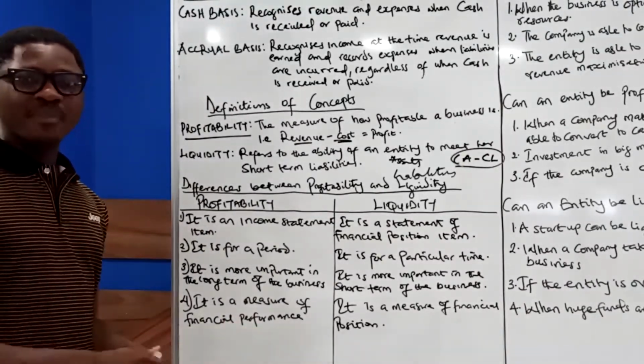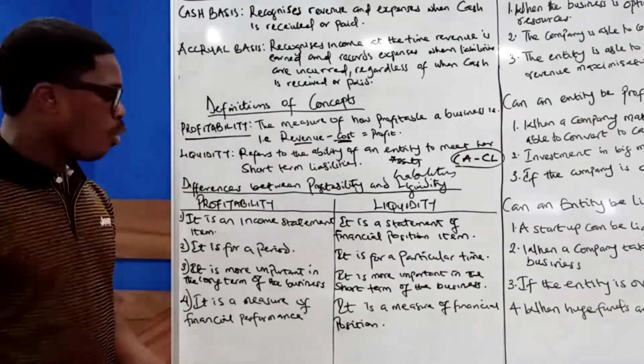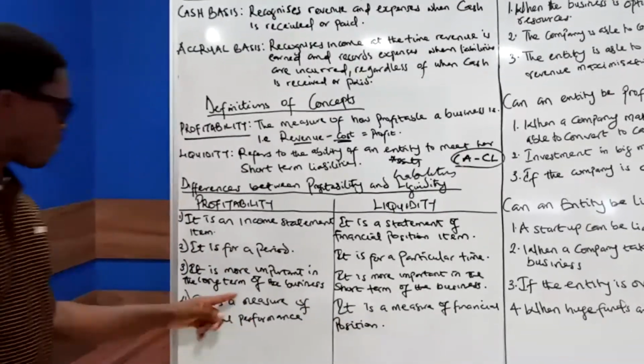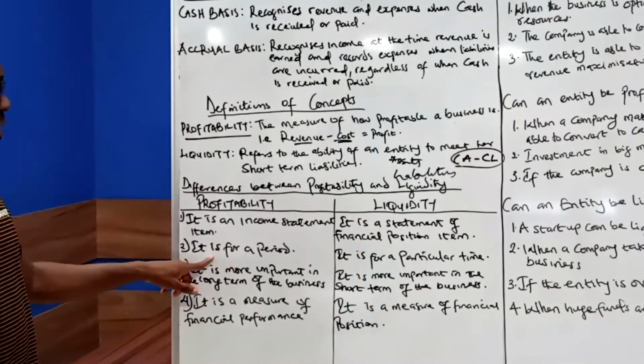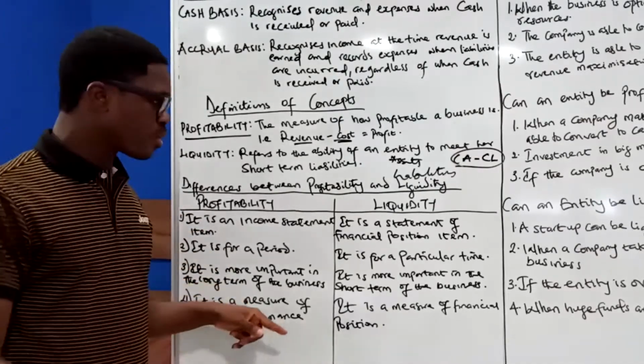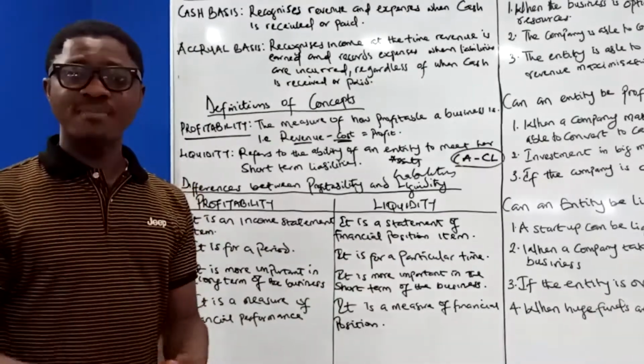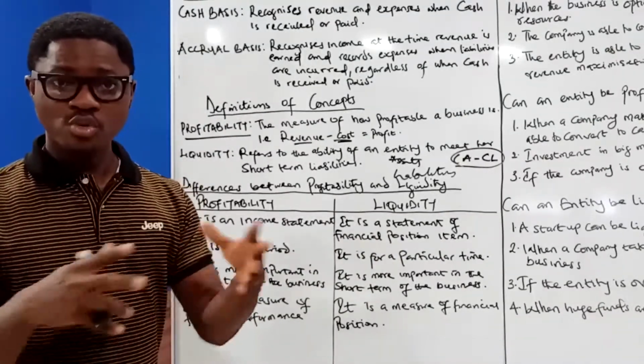A little recap: financial performance is for the period, while financial position is as at a particular time. This buttresses the point we made earlier that profitability is for a period, while liquidity is as at a particular time, meaning that after that time, things are bound to change.